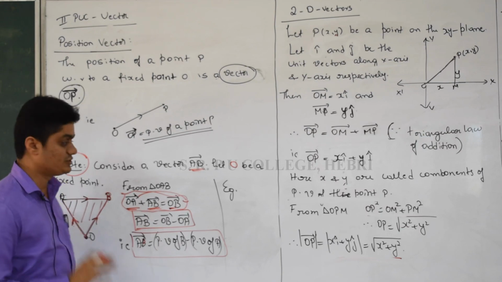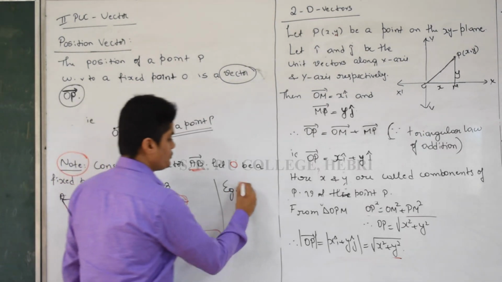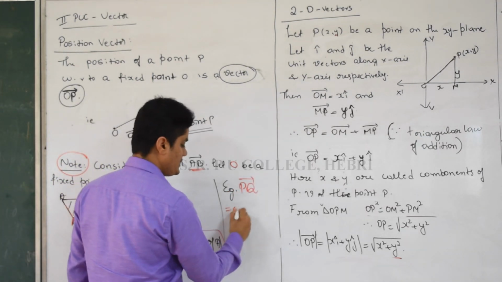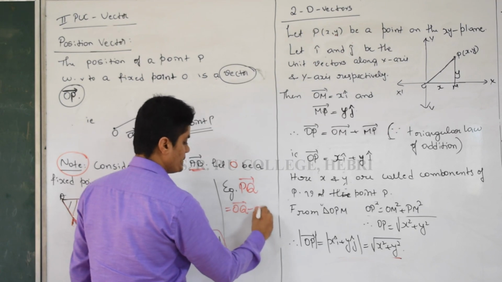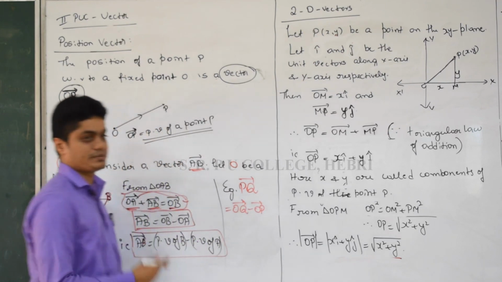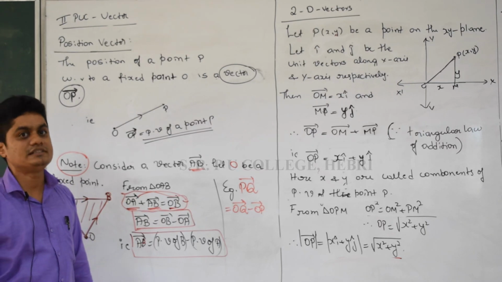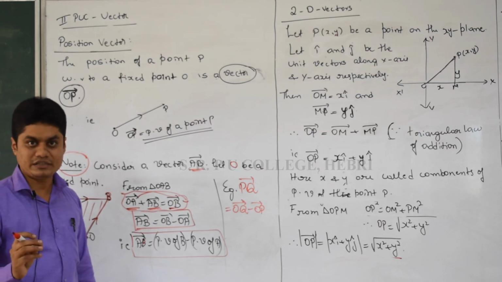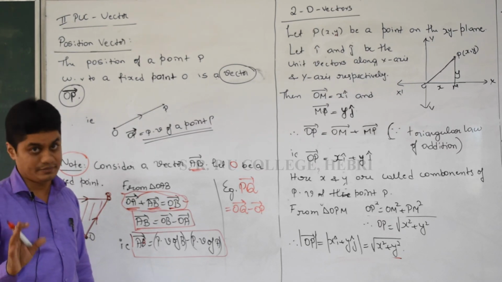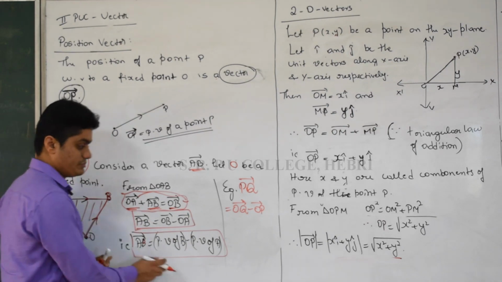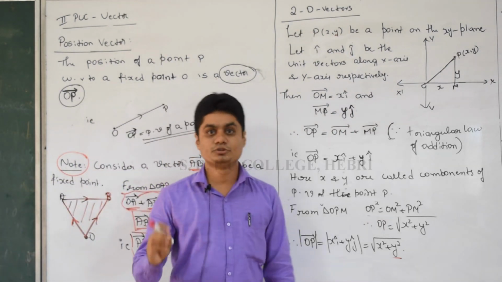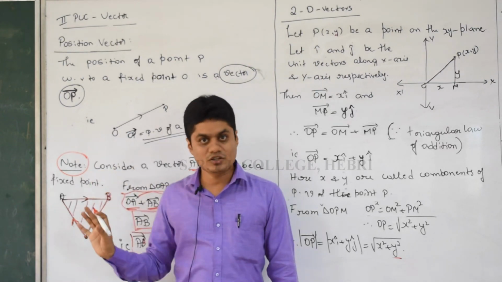Please remember this concept. For example, if you want to write PQ, how to write? OQ minus OP. The position of a point is a vector, and any vector can be represented in terms of its position vectors. So the position vector concept is understood.